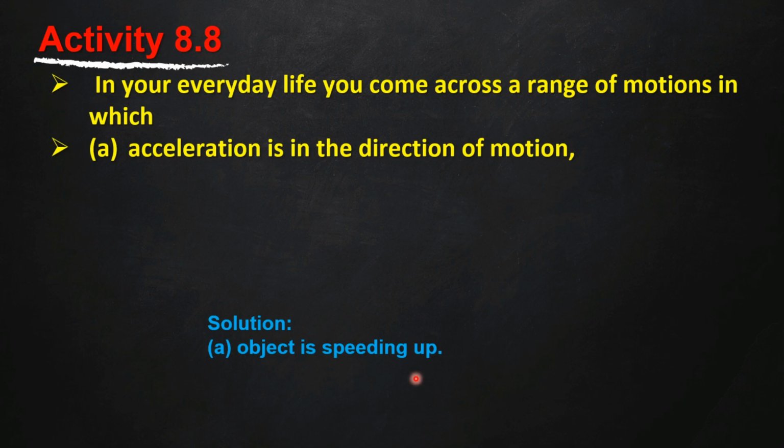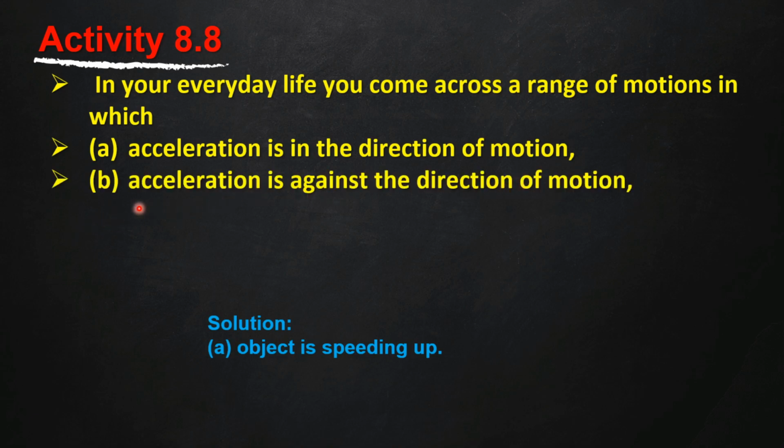If the velocity is continuously increasing, then the acceleration is in the direction of motion. Now the next is acceleration is against the direction of motion. That means both the directions are reverse. So the answer for this is the object is slowing down. That means when the brakes are applied.